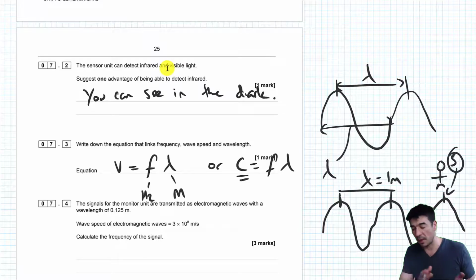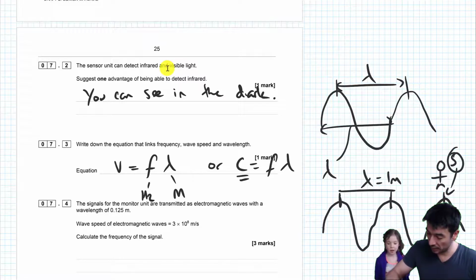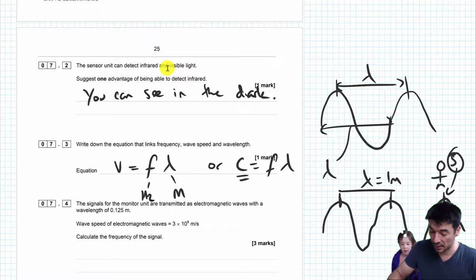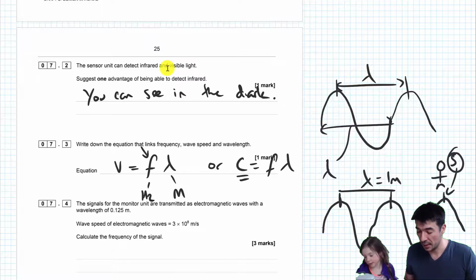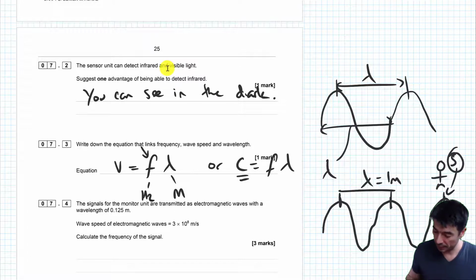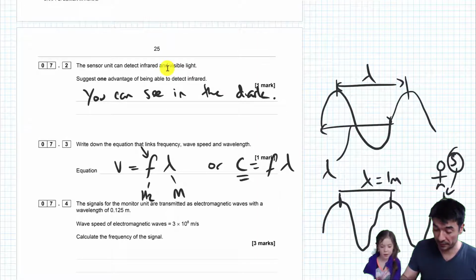Right, that means 3 meters of wave has passed you in 1 second, right? And if you say the 3 here is the frequency in hertz, you're just doing 3 times the length of the wave in meters, and you'll get your correct value for the speed or velocity of the wave.